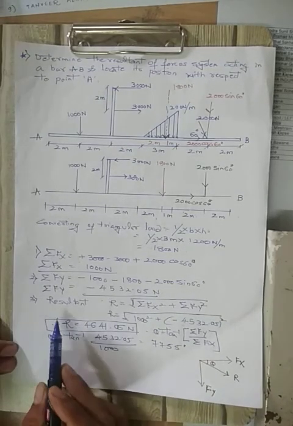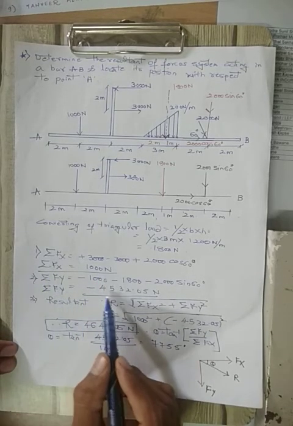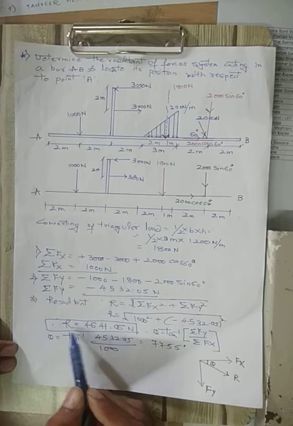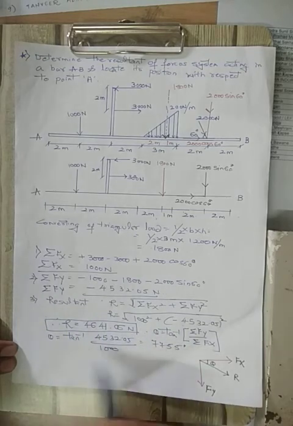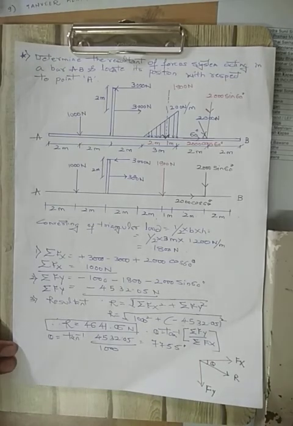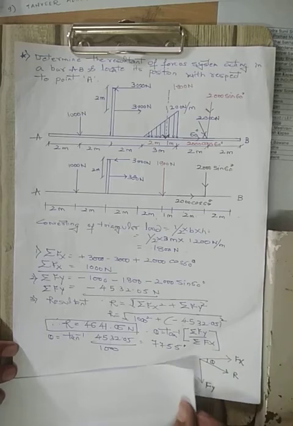Okay. Up to this, it has been clear. We have calculated Fx 1000 newtons, Fy minus 4532.05. We have calculated the resultant, 4641.06 newtons. We have also calculated the theta angle, and with the help of that we found it is in the fourth quadrant.